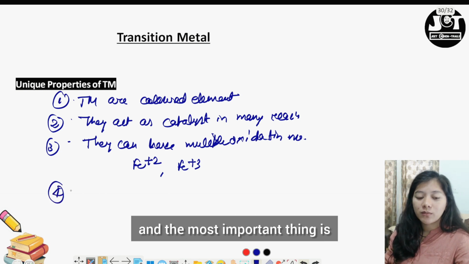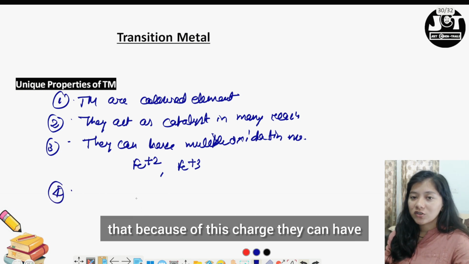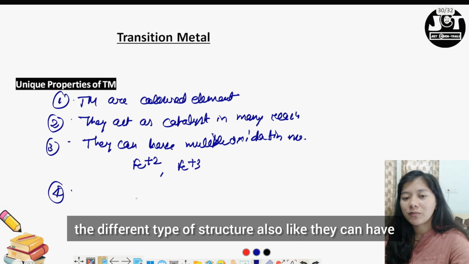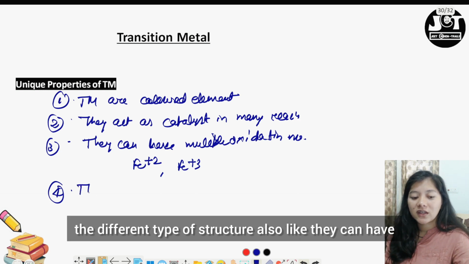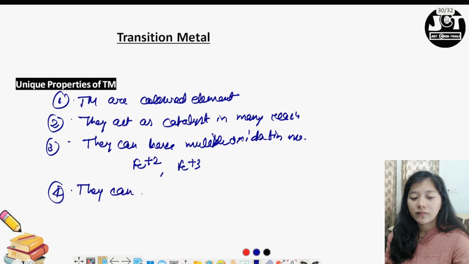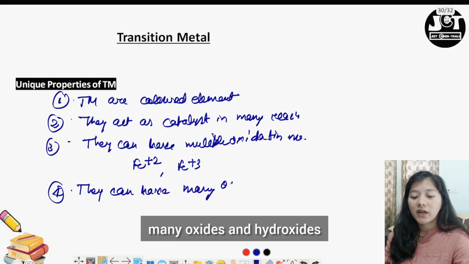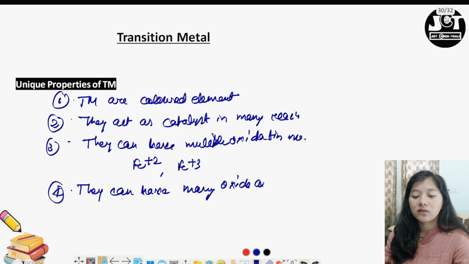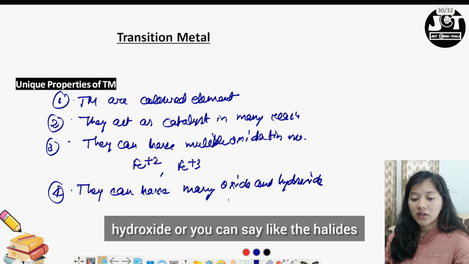The fourth and most important thing is that because of this charge, they can have different types of structures also. Like they can have many oxides and hydroxides, or you can say halides.